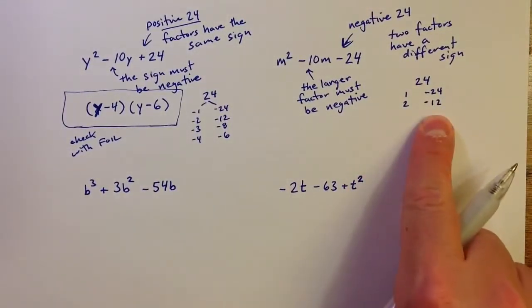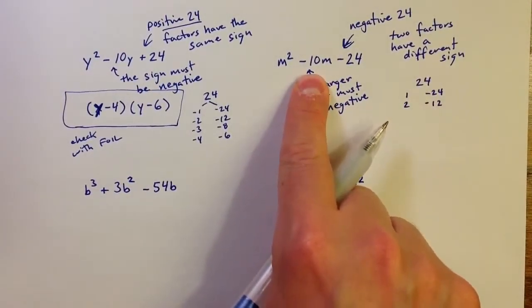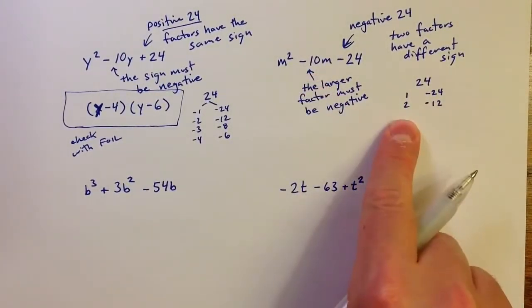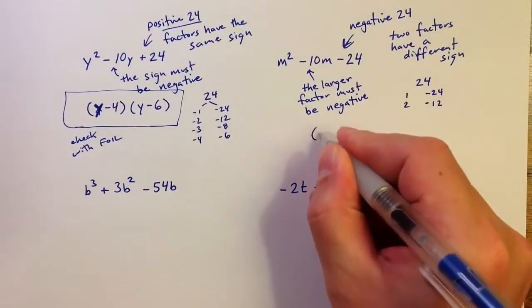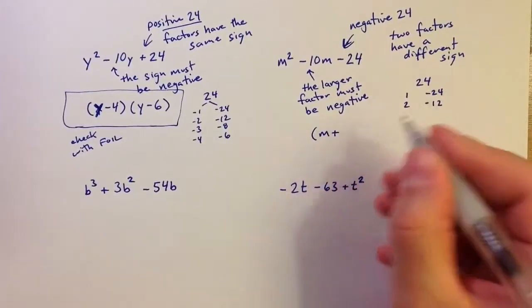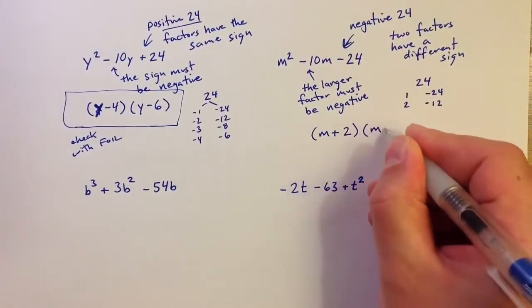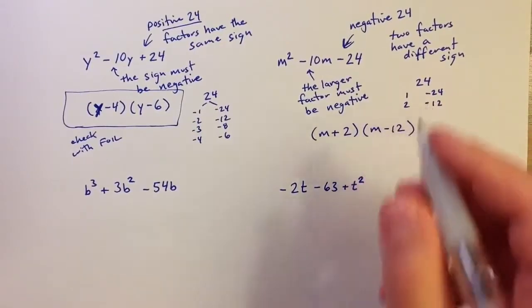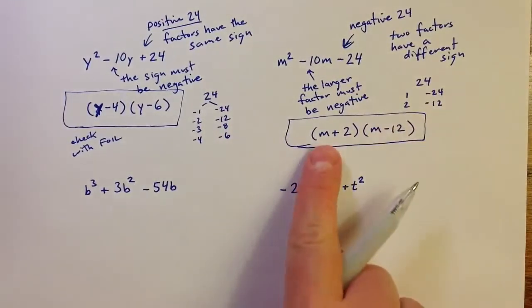Positive 2 plus negative 12 is negative 10. So ding, ding, ding. Ring the bell, because that'll work, right? And so the factor pair that I want is m plus 2 times m minus 12. And again, we can check using FOIL to see that that works.